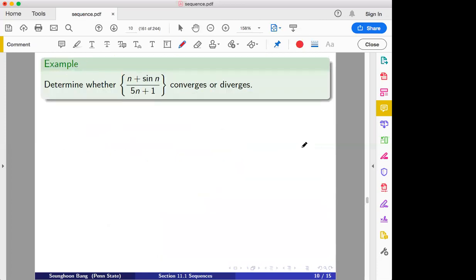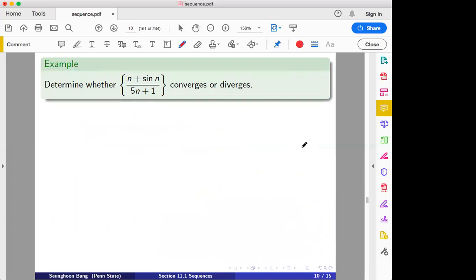The next one: determine whether n plus sine of n over 5n plus 1 converges or diverges. So how can we solve it? Take the limit.